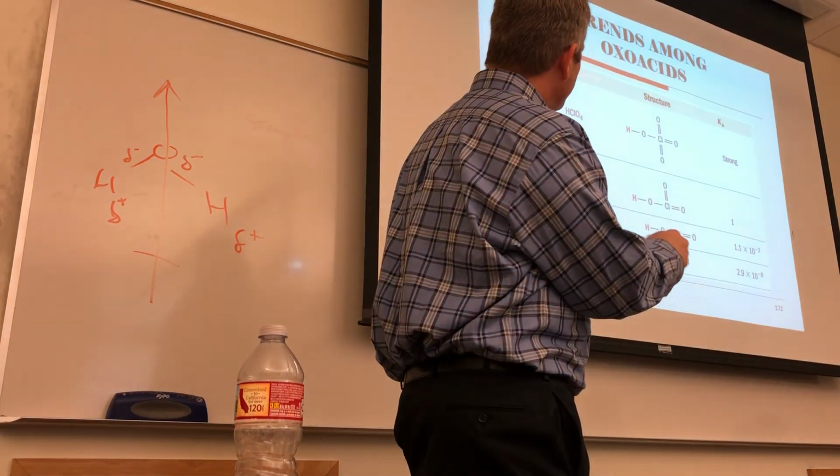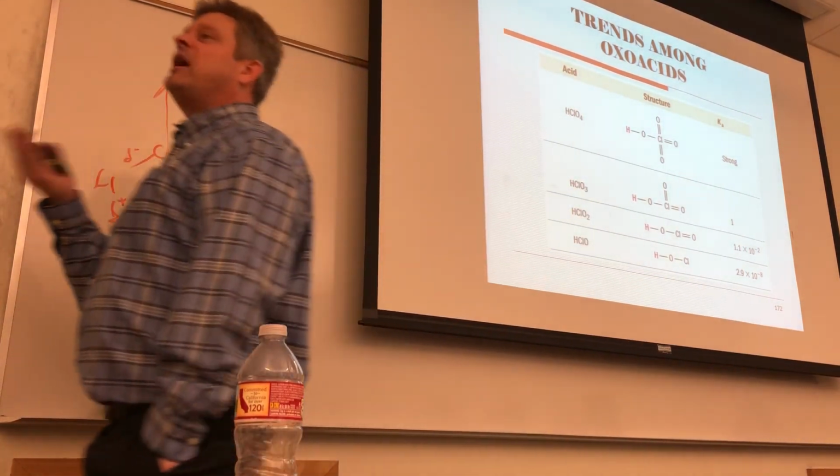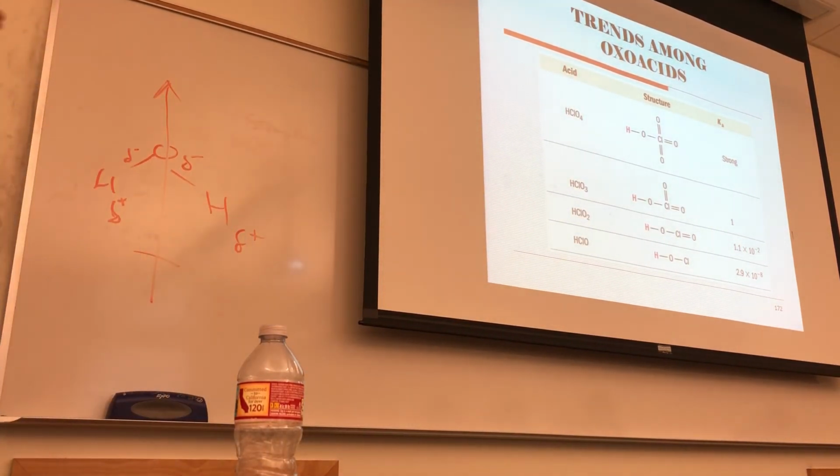So here, this is a strong acid, and you see why. By the way, this is the first time you're going to see that correlation between the number of oxygens and the acid hydrogens. This is why I'm able to say that. I never explained it because we never got there.